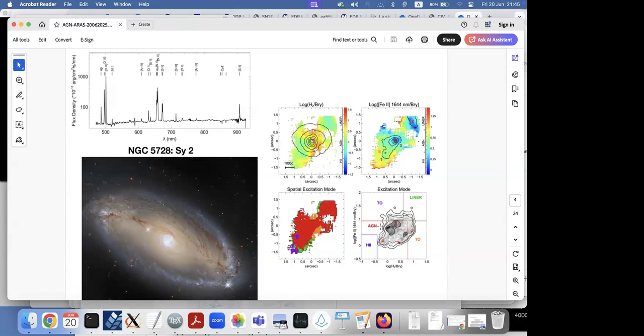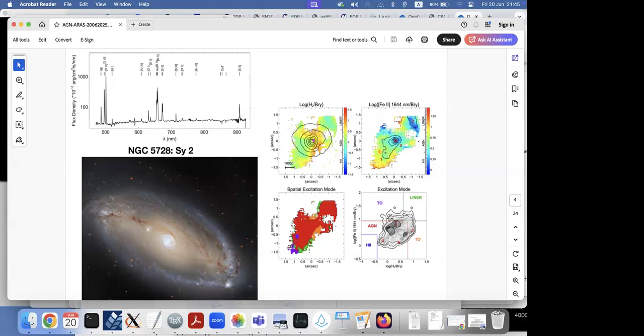The center has the spectrum of an AGN, and this portion in the periphery has the spectrum of an H II region, and the green are the low ionization, which means sort of dense regions. The whole thing is extended in the direction perpendicular to the bar, which is actually the same thing as in 1068.